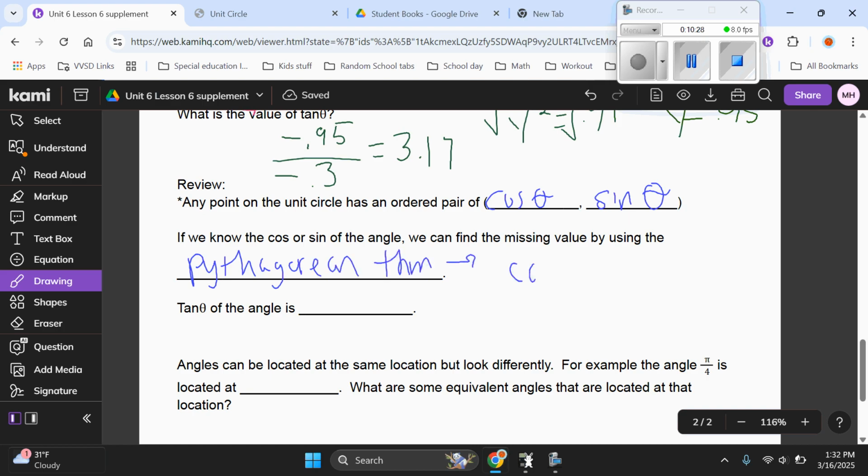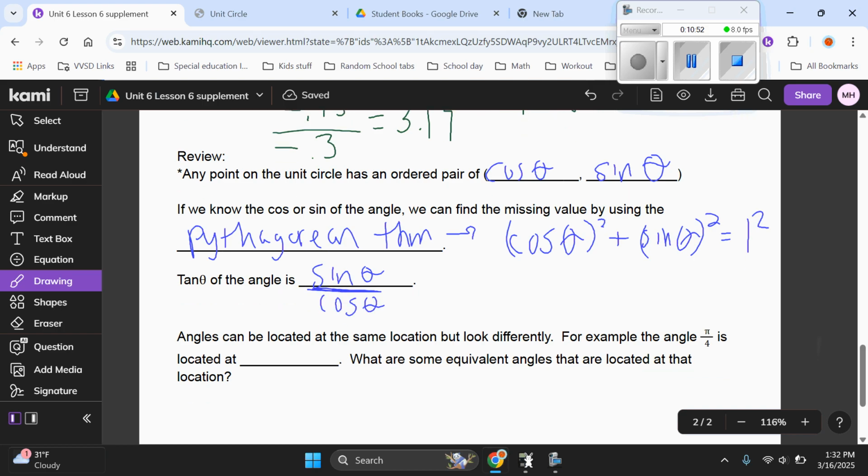And again, that's going to be cosine theta squared plus sine theta squared equals our radius of 1 squared. The tangent of an angle is sine theta over cosine theta, or the opposite over the adjacent.